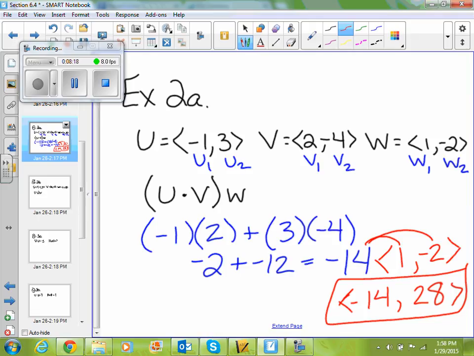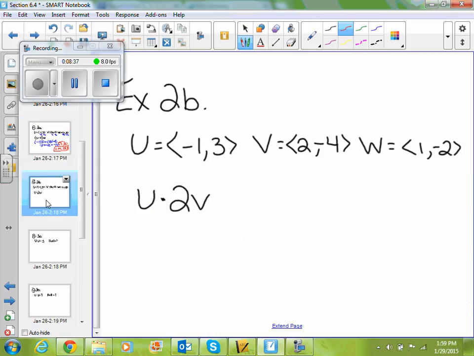Your dot product just ends up being a constant that you multiply through your next vector. Okay, there we got that.